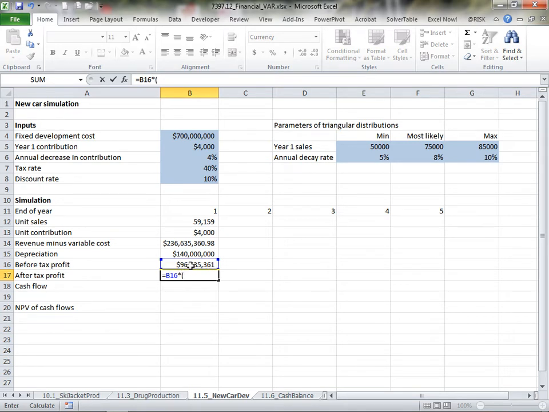Yeah, 1 minus the tax rate. And then our cash flow, as we have discussed already, is going to be equal to our after-tax profit plus our depreciation.